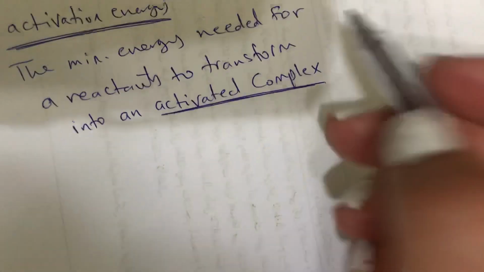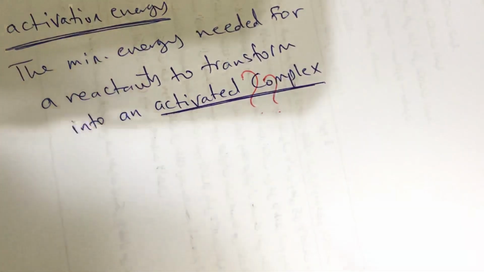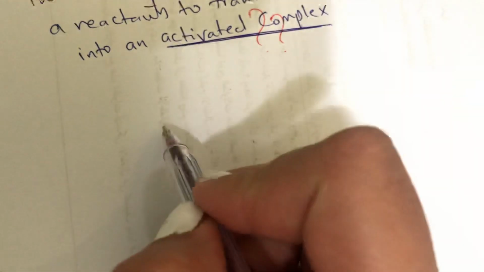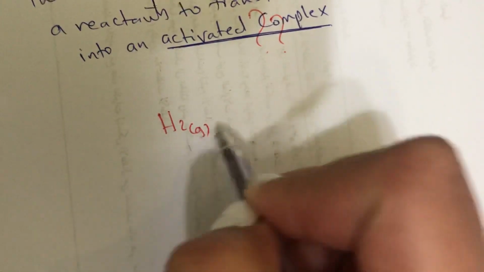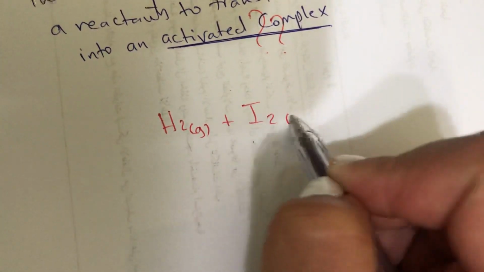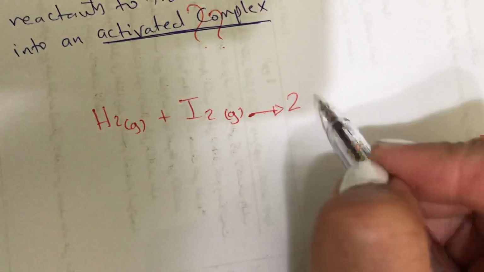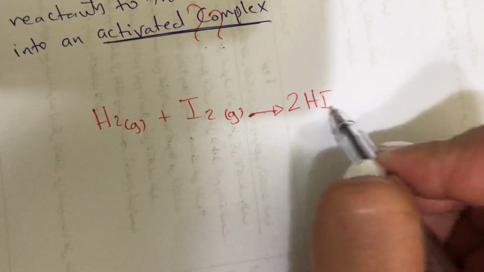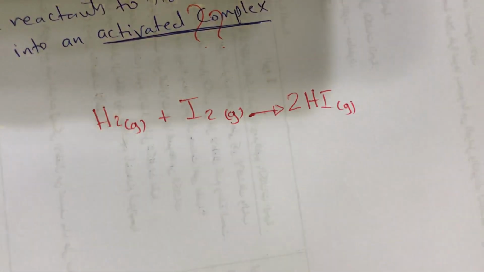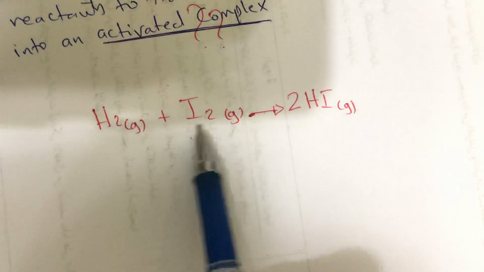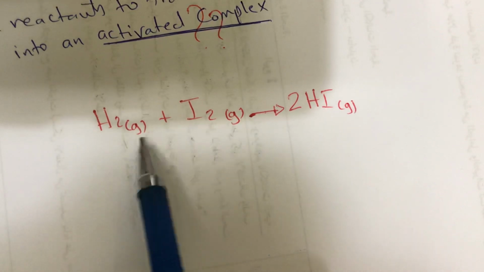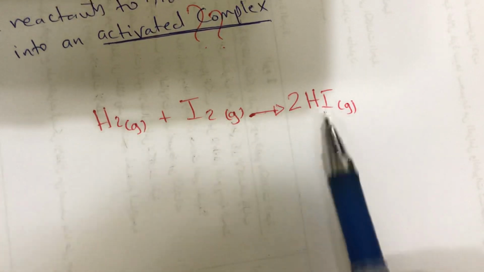So what is an activated complex? In any equation, for example, hydrogen gas reacts with iodine gas, and the product is 2 moles of hydrogen iodide. Chemical equations indicate the reactants and the product.